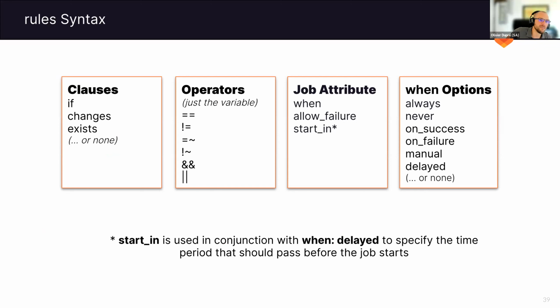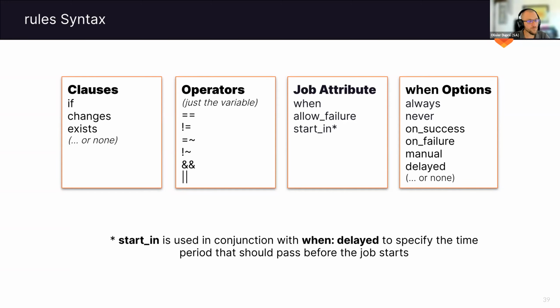Then we also have a set of rules that we can define on a job to improve it, or to add some conditions on the jobs. So the rules are basically something that you use to add conditions on the execution of your job. There are many clauses, operators, attributes, and when options that you can add together or not on your rules, and each rule will be executed sequentially.